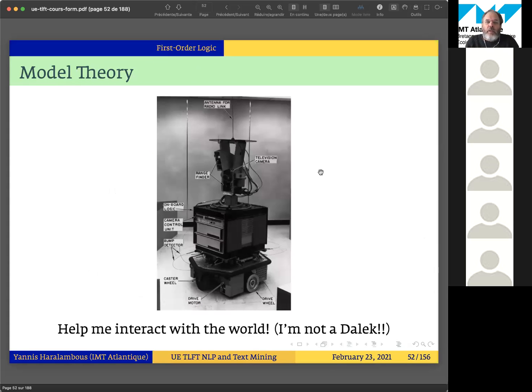Now, model theory is useful for interacting with the world. So imagine you have a robot like this one, which is called Shaky. And it's not a Dalek, it's just a robot. This robot has to interact with its surroundings to take decisions on further actions.